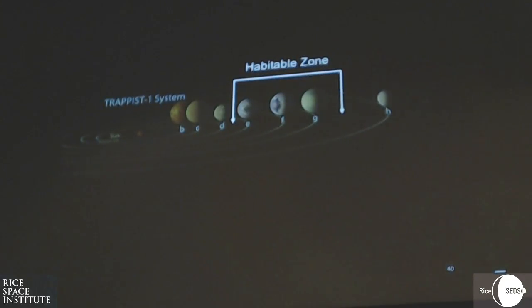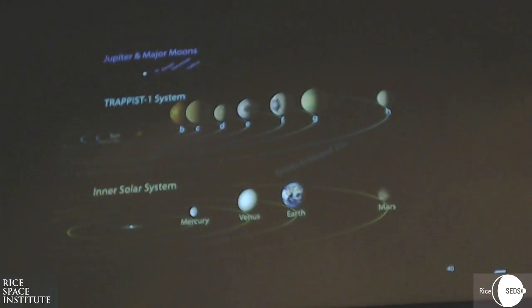Not only that, because this star is also much smaller in mass than our own sun, maybe 100 or 120 Jupiter masses, these bodies are all very close to the star, and therefore, like the Galilean moons, as you see in the upper panel, Jupiter and Io, Europa, Ganymede, and Callisto, those are all tidally locked, just like our moon, because they're close to the planet. Then these planets appear to be tidally locked to the star.